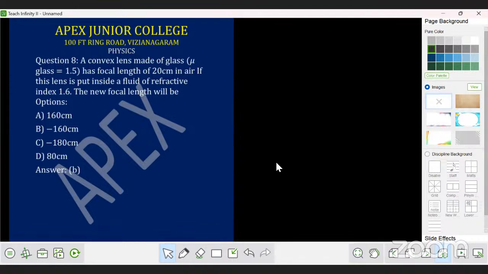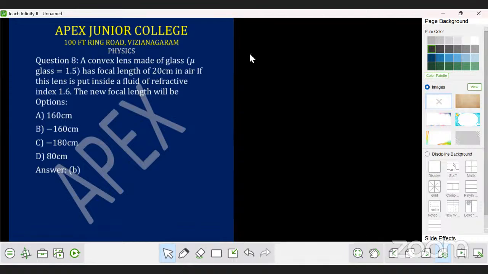The question is based on how the focal length changes when the surrounding medium changes. In case of mirrors, the focal length does not depend on medium. But in case of lenses, focal length depends on medium.